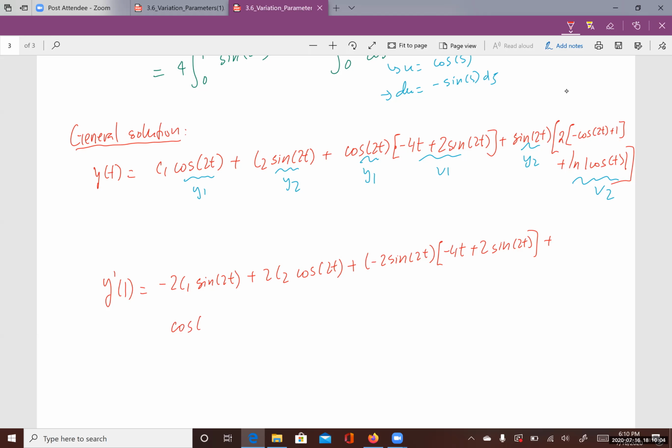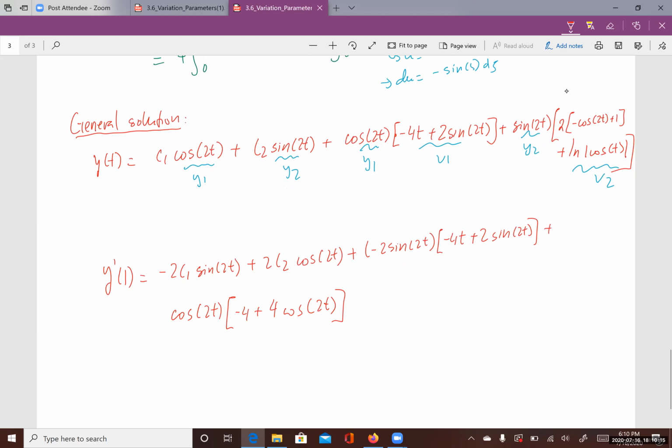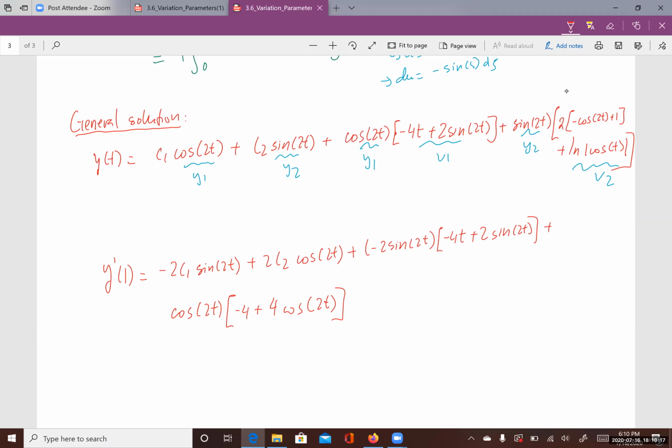Take the cosine of 2t, keep it the same, and multiply by negative 4 plus 4 cosine of 2t. And then go to this function, you have again 2 cosine of 2t multiplied by just the function, plus 1 plus natural log of cosine of t.